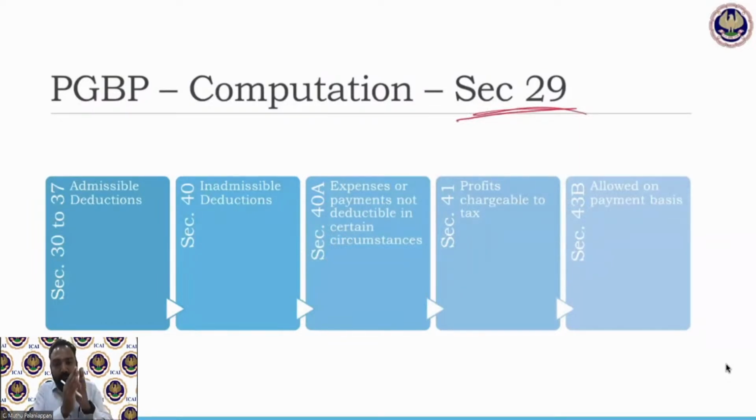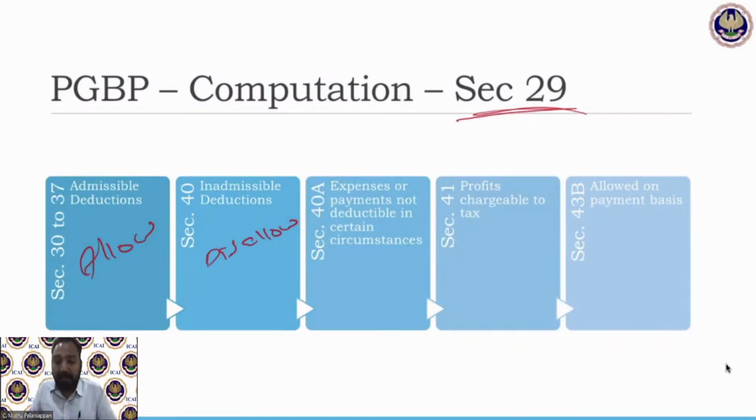It says, first, allow expenditure covered under sections 30 to 37. They are called admissible deductions. Then we need to know what is not allowed, that is disallowed. That is covered under section 40, called inadmissible deductions.